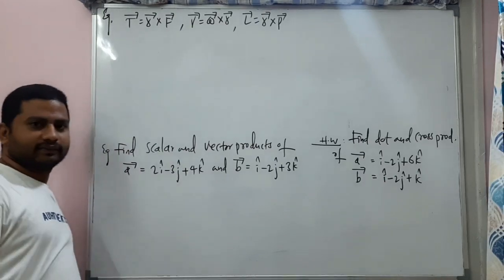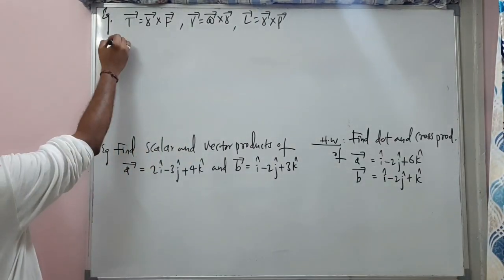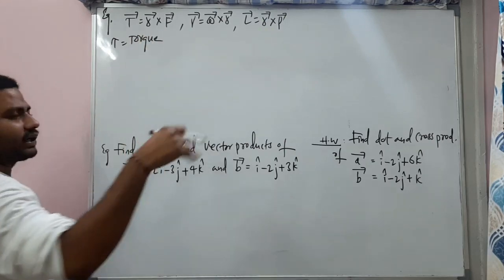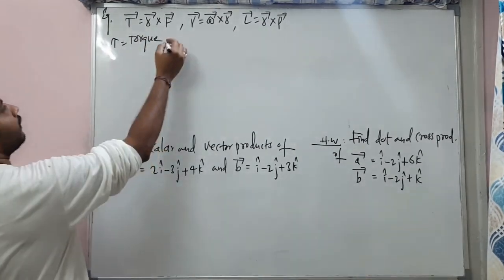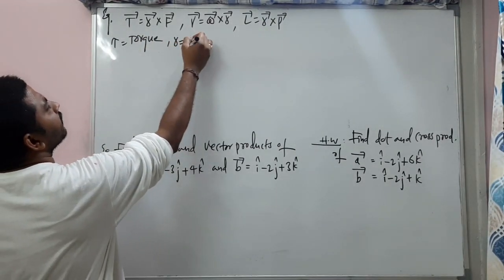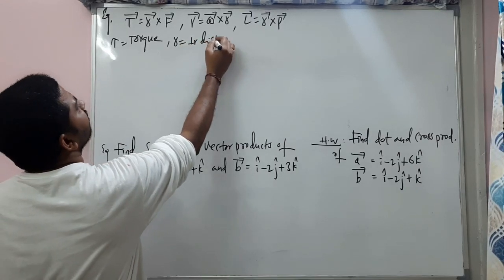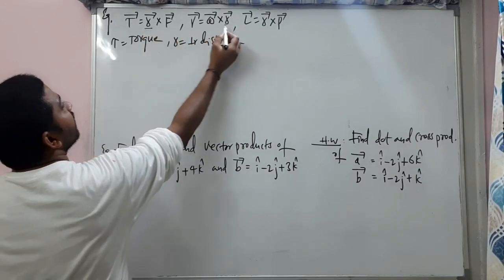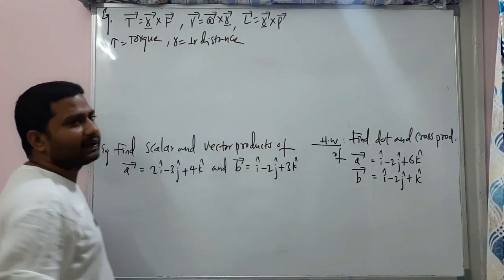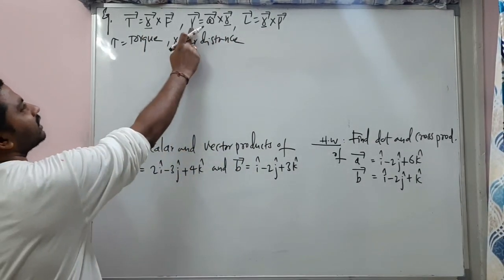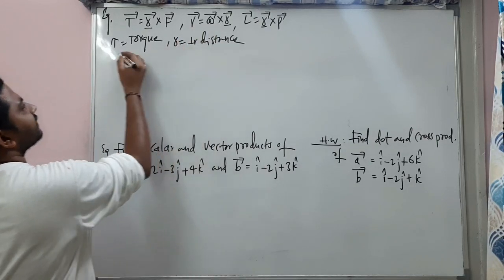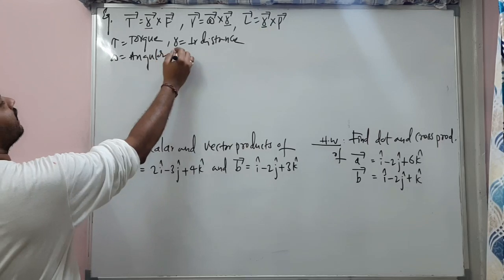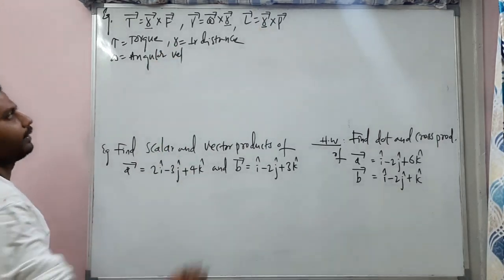Look here. Tau is the torque. What is meant by torque? It comes later. R is the perpendicular distance, students, whatever it may be. And you know this is linear velocity, and omega is the angular velocity.